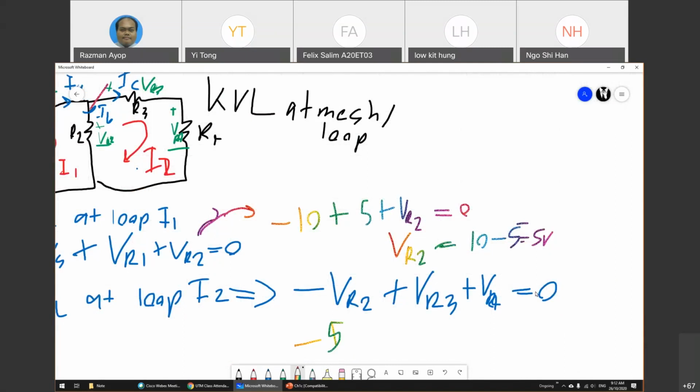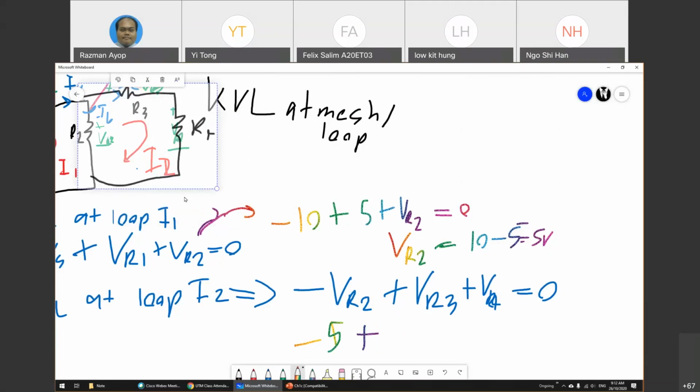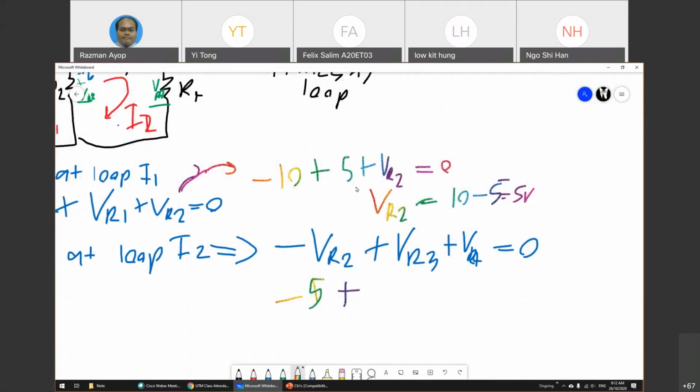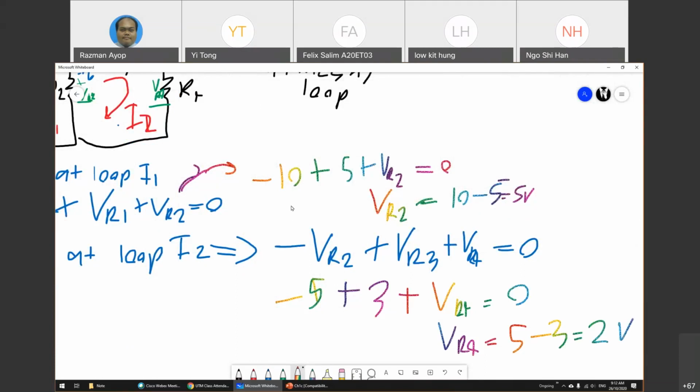Negative 5, plus R3, I assigned 3 volt, plus 3, plus VR4, equal to 0. So because of the Kirchhoff voltage law, you get VR4 equals to 5 minus 3, 2 volt. That is how you use Kirchhoff voltage law.